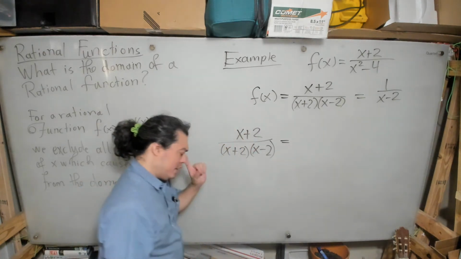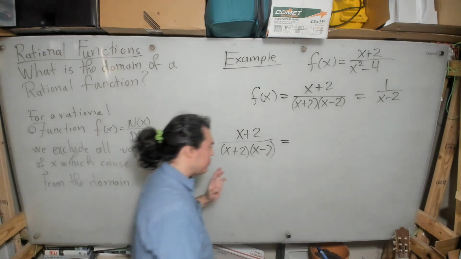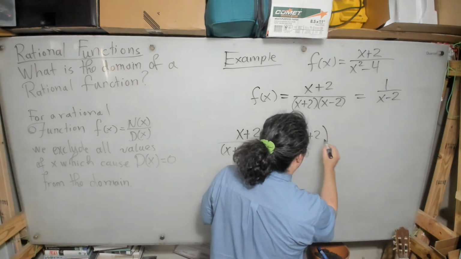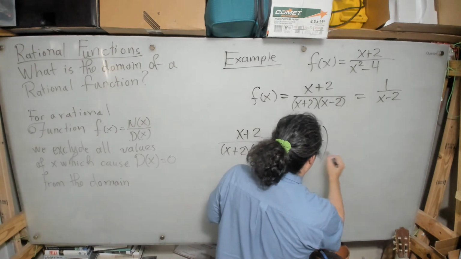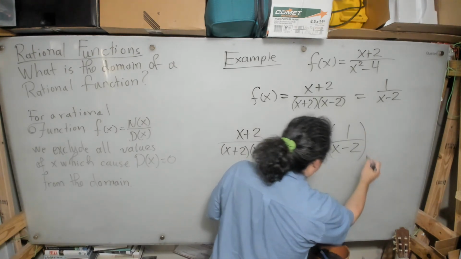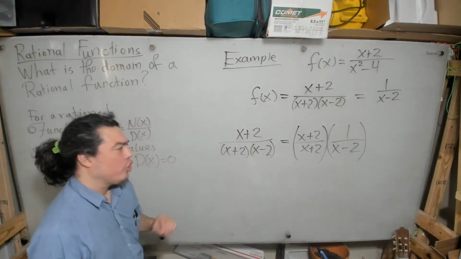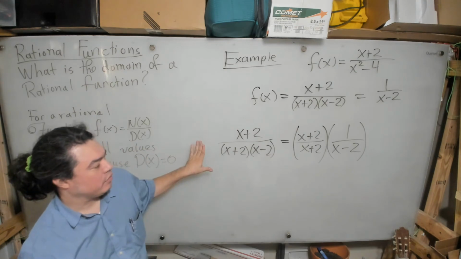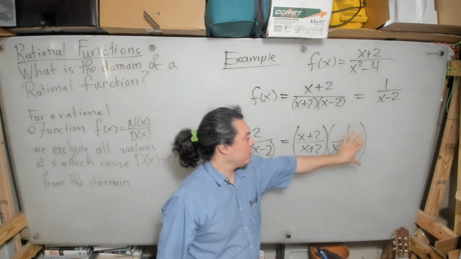I could see this, if I think about it in my head, as the product of the fractions (x plus 2) over (x plus 2) times the fraction 1 over (x minus 2). I think you'll agree with me on this. Imagine if we didn't have this for a moment, and I wanted to multiply these two fractions.